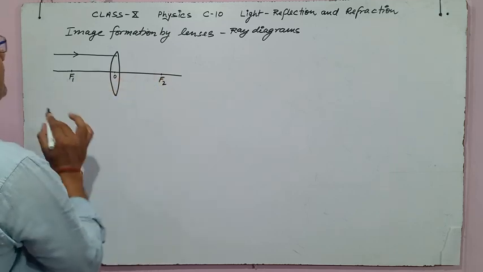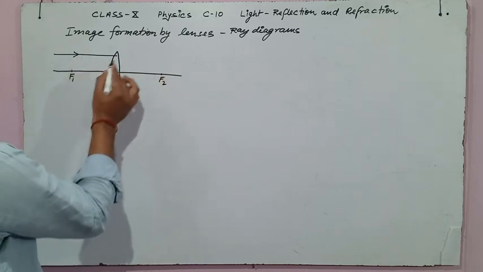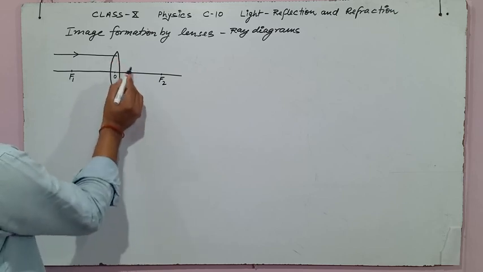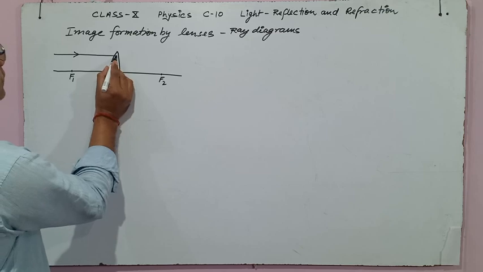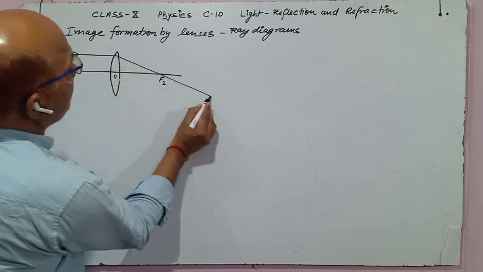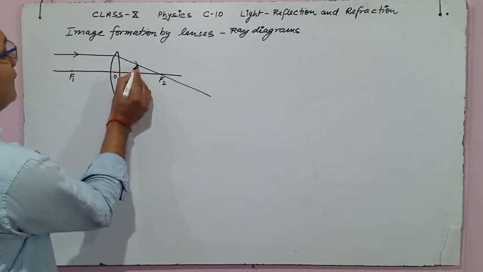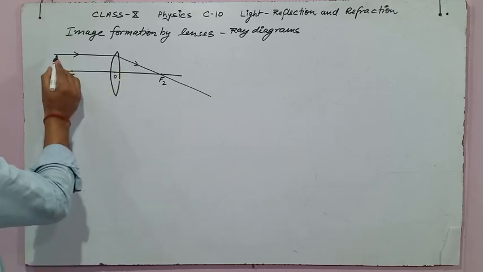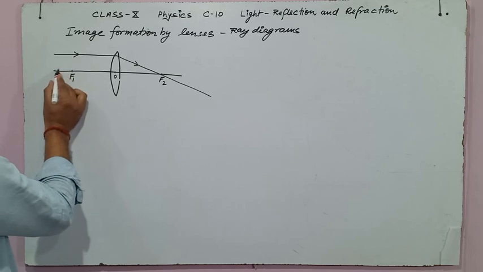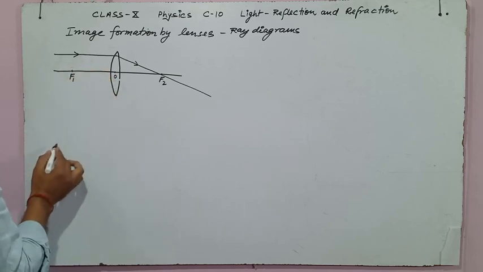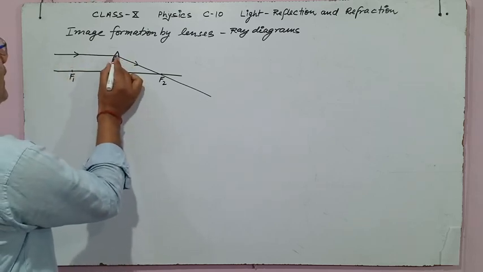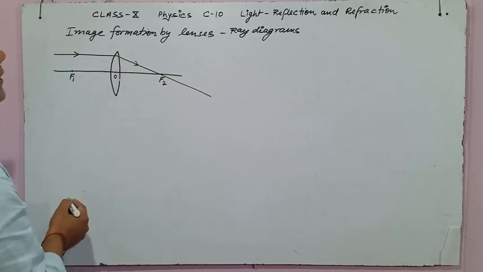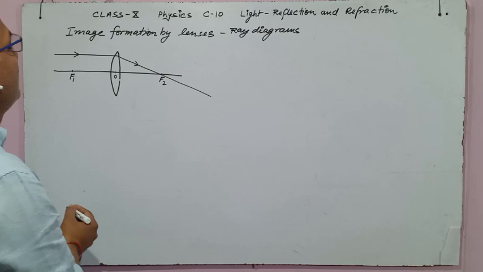This is principal axis. So after passing through the lens, it passes through the focus. Again I repeat, if a ray of light is parallel to the principal axis, after passing through the lens, it passes through the principal focus on the other side of the lens.